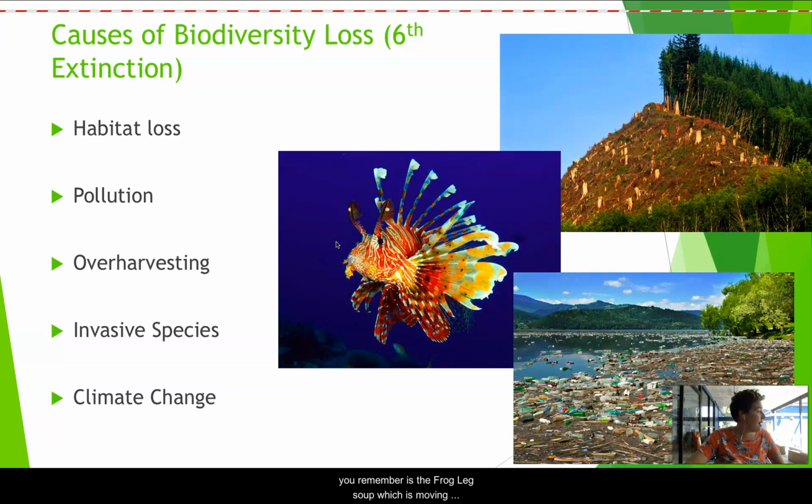One you'll remember is the frog-leg soup, which was moving American bullfrogs that could carry the chytrid fungus but were not susceptible to it. And the other one is the out of Africa hypothesis, which talks about that frog that was used as a pregnancy test, that also could carry the chytrid fungus but wasn't affected by it, out of Africa.